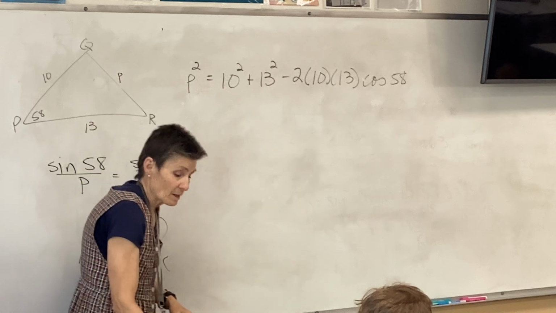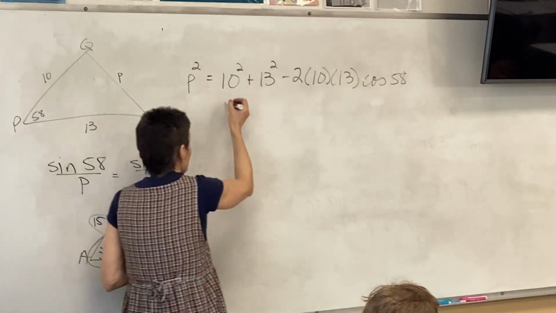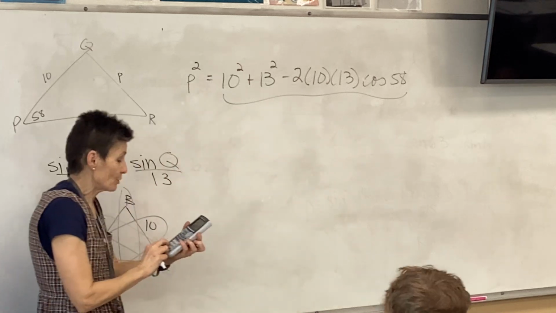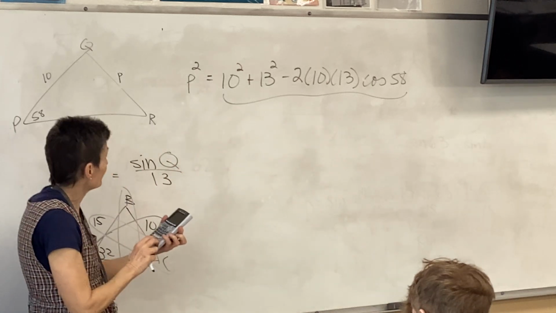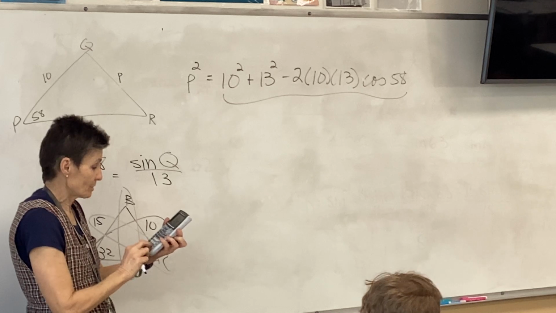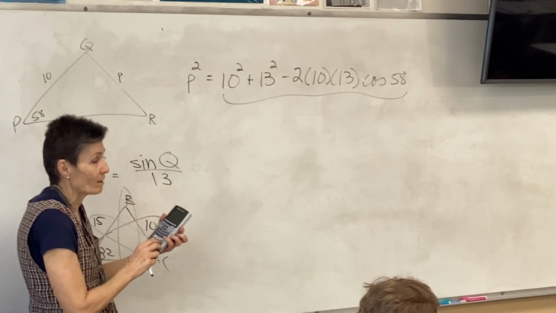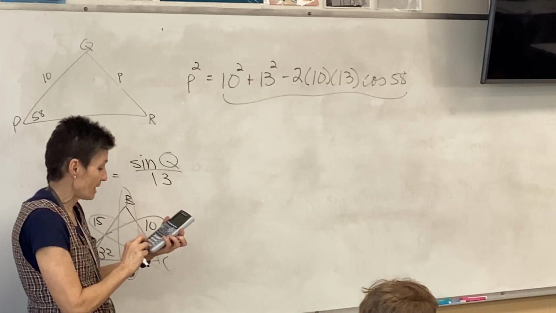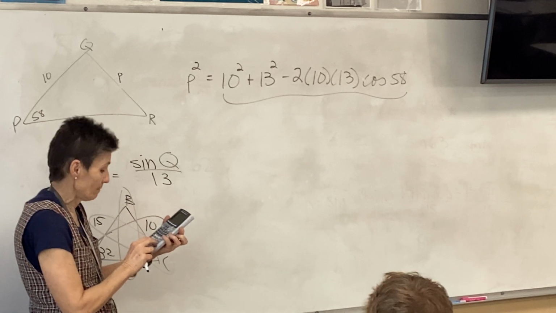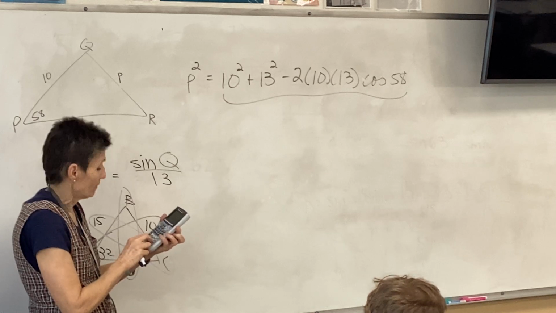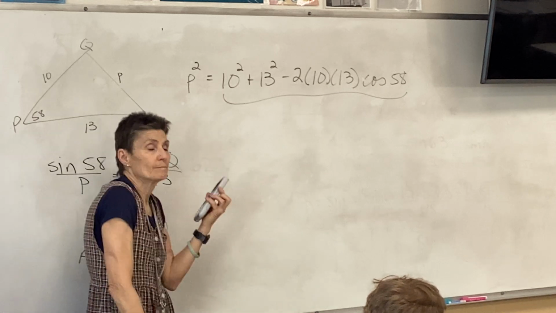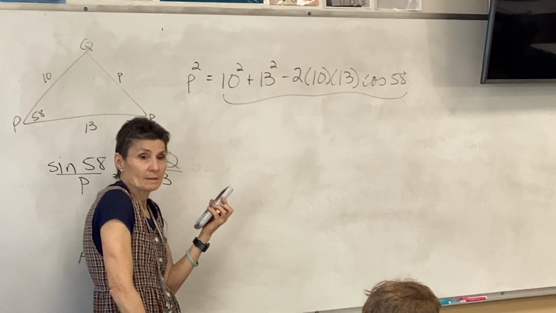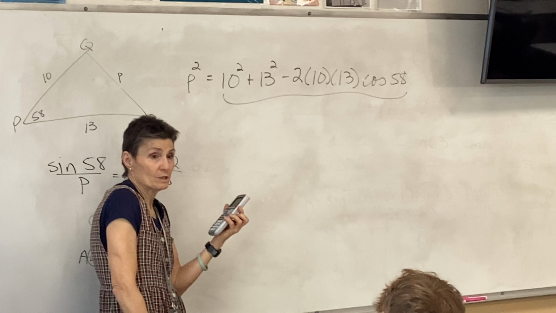Let's type it in. The good news is, we can just type this in exactly the way it looks. So you can type 10 squared plus 13 squared, use your squared button, minus 2 times 10 times 13 times cosine 58. What'd you get? 131.22.